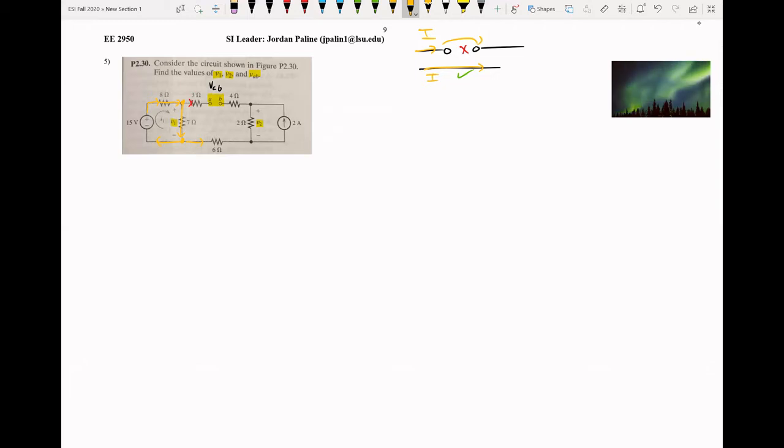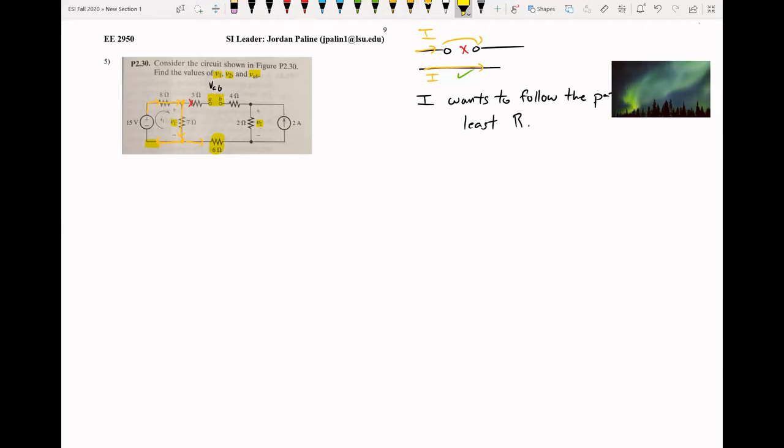Another concept that we have is current wants to follow the path of least resistance. Looking at our options here, we can either go down the right side, which has a 6 ohm resistor, or we can go down the left side, which has no resistance.